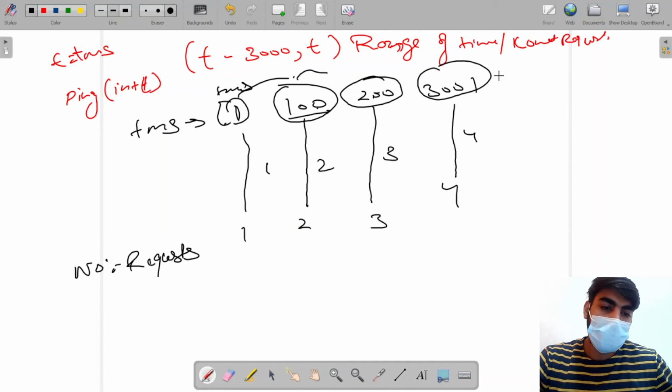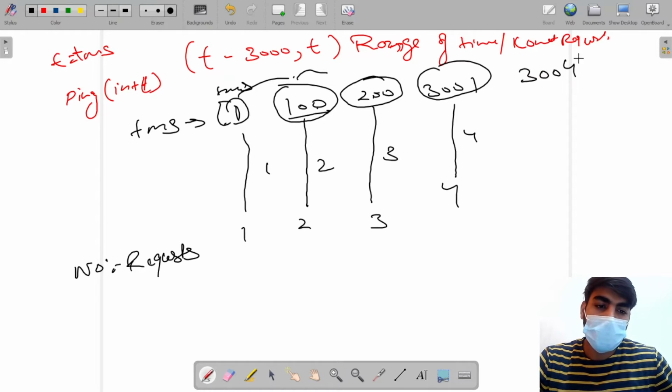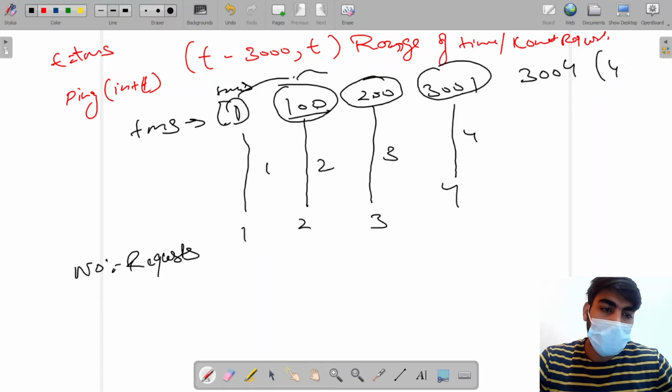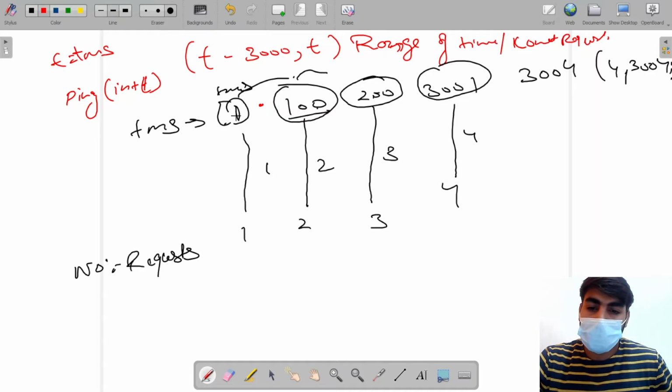Now you can see here one thing, if we take 3004, then we get our range from 4 to 3004. So in this range, the 4 comes here, 4 comes here. So 1 does not come in this range.